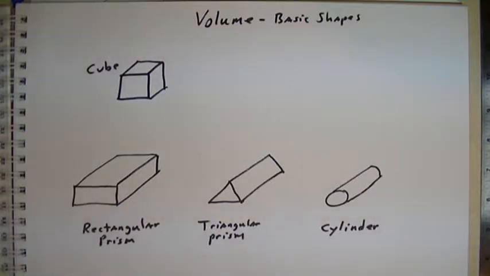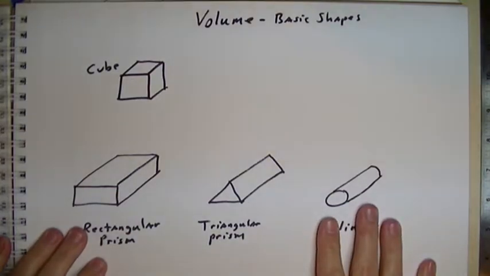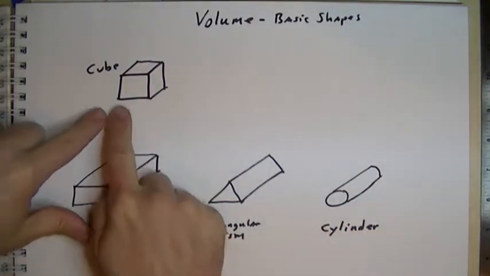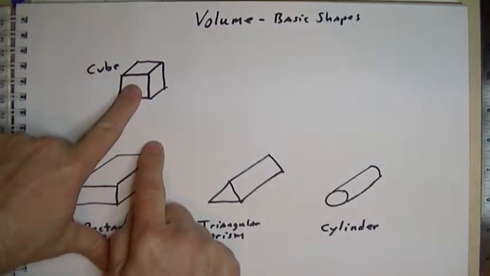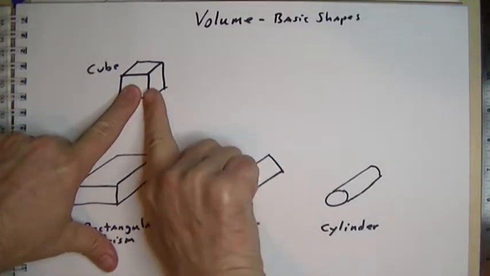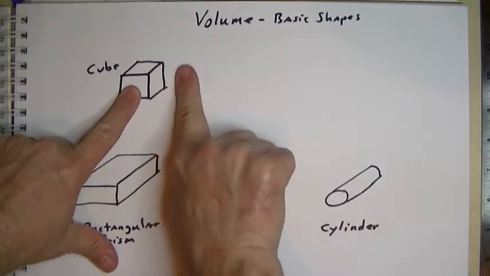What I want to get to is the simple idea of how we get to volume. Essentially, regardless of the shape, I want you to see what's in common here. You have a single face that you look at, and then the rest is just extended on beyond.